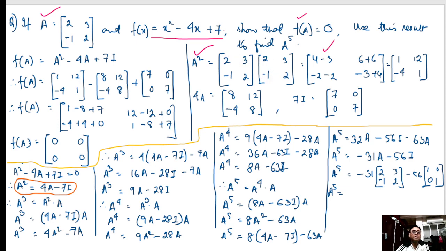And now what are we doing? 2 into 3, which is 6, plus 3 into 2, which is 6. So here we have done. Next, what will we do? Minus 1 into 2 plus 2 into minus 1.